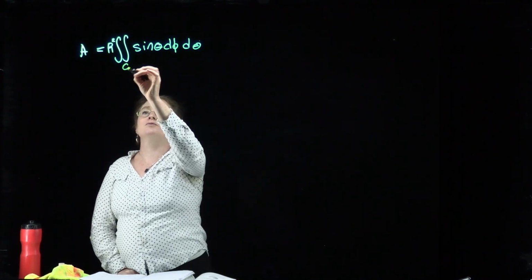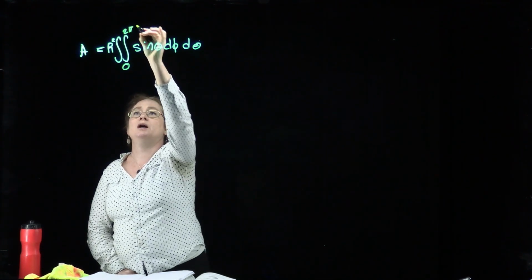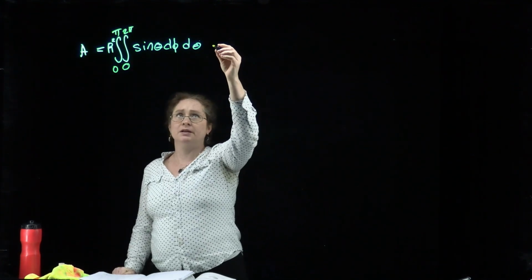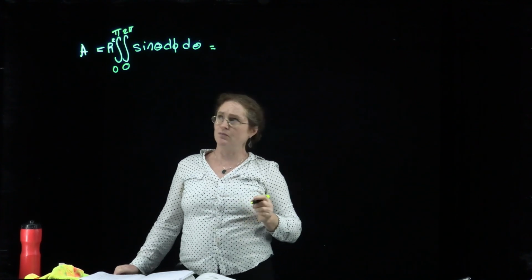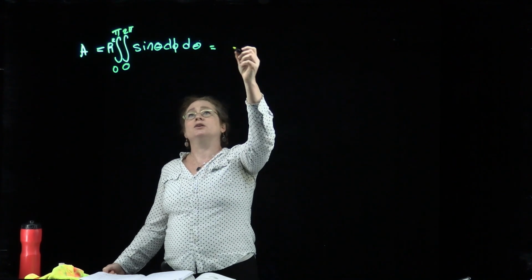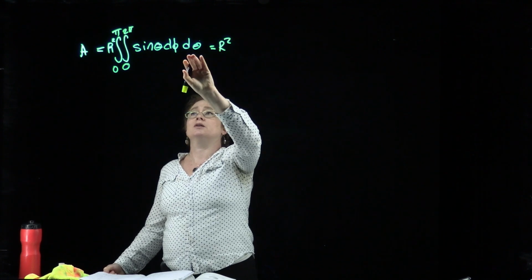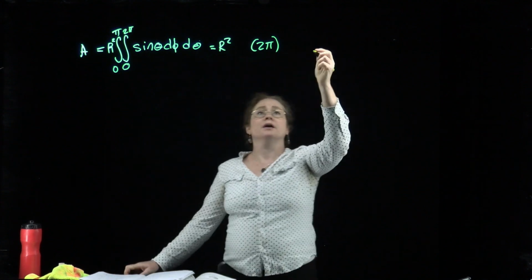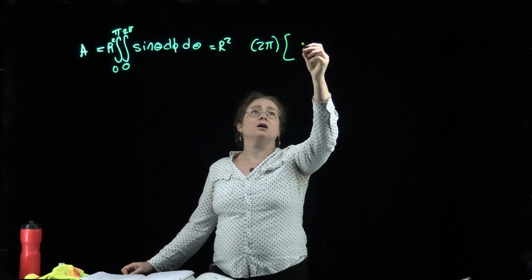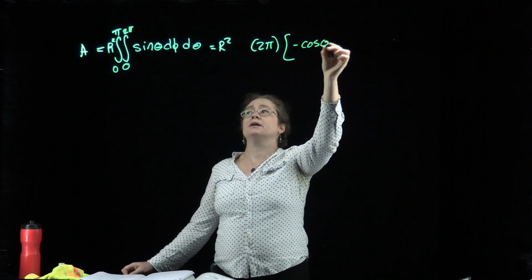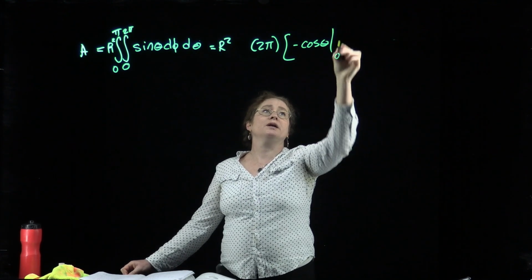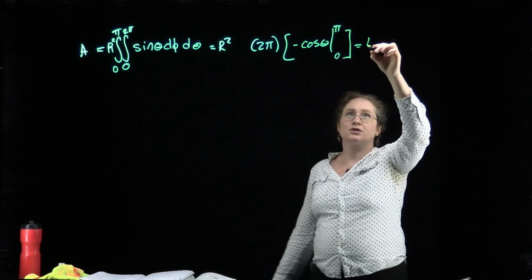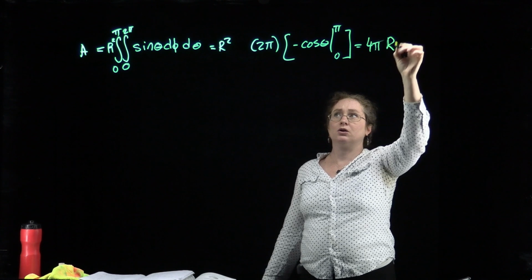And then our limits are 0 to 2 pi and 0 to pi. So if you integrate this, you get 2 pi from the integral over phi, and then you have negative cosine theta evaluated at pi and 0, which gives you another factor of 2. So you get 4 pi r squared.